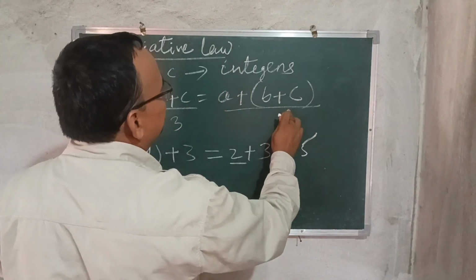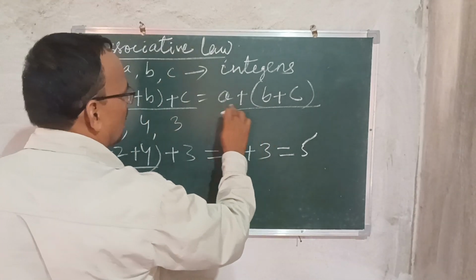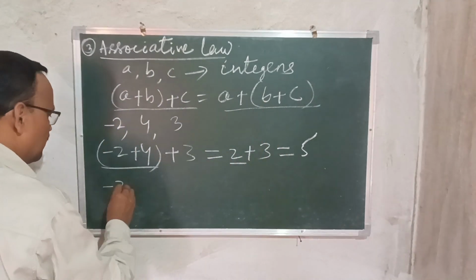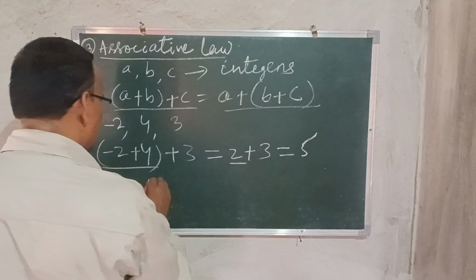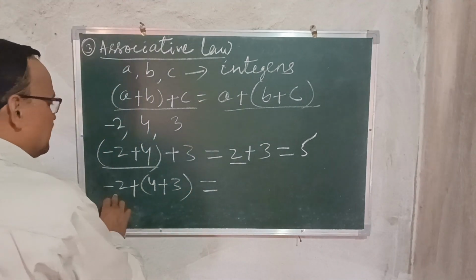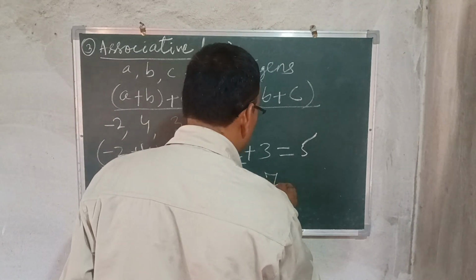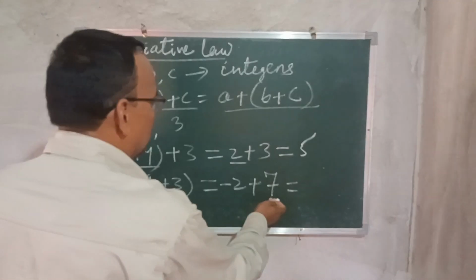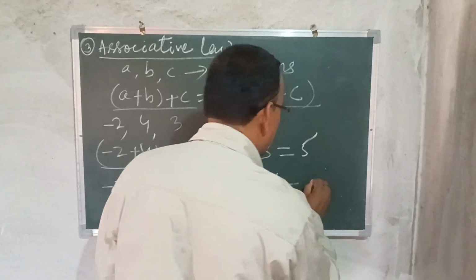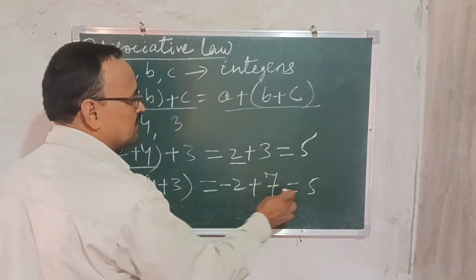And right hand side, if we solve this right hand side, A plus (B plus C), A is equal to minus 2, plus (B plus C), 4 plus 3, is equal to minus 2 plus 7. The signs are unlike, so that is subtraction, 7 minus 2 is equal to 5, and we take the sign of the larger one, 7, which is plus.